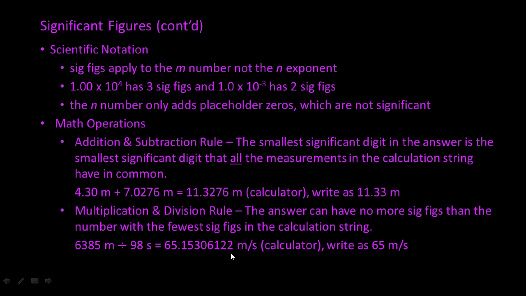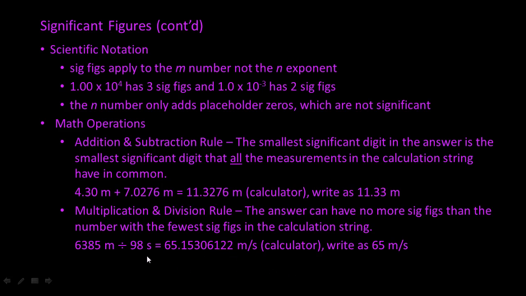The calculator would tell us that we know the velocity to the 100 millionth of a second. Was that possible when we only know the meters to the ones digit and the seconds to the ones digit? No, these digits over here are meaningless.